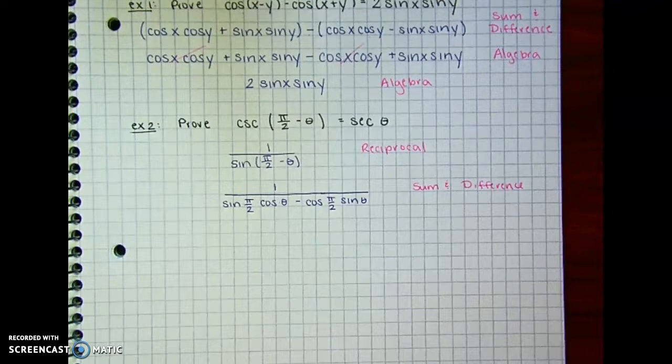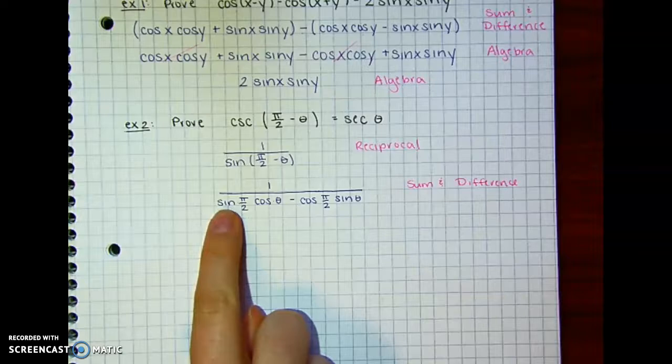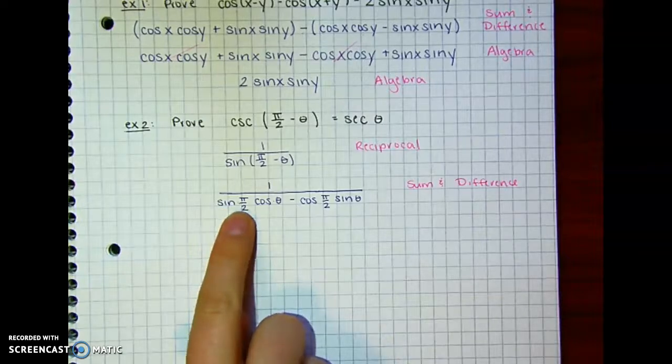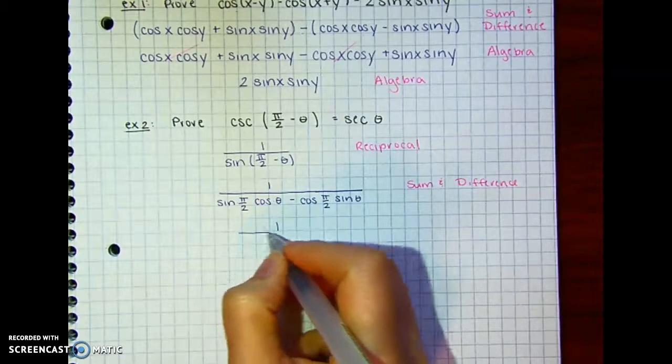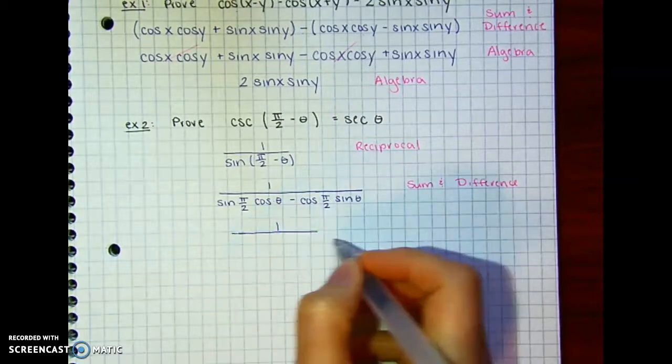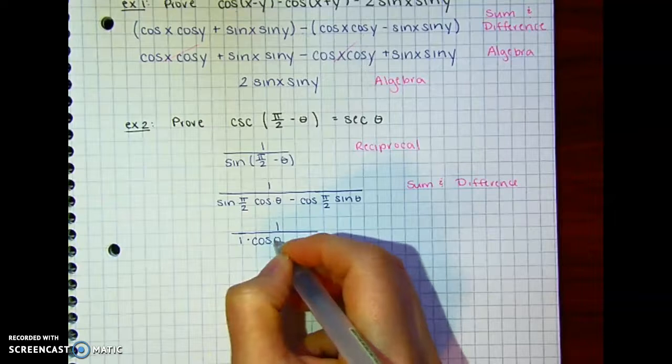Okay. Now what I'm going to do is evaluate. So I'm going to do sine of pi over 2. So I'm thinking, okay, on the unit circle, at the angle pi over 2, my y value is, hopefully you're thinking 1. Hopefully you don't need to use your unit circle anymore. So that's just 1 times cosine of theta.